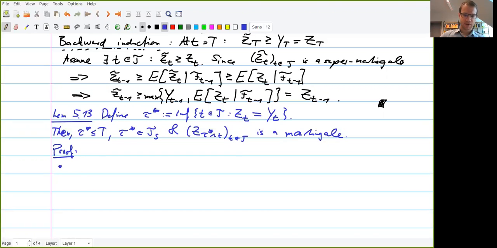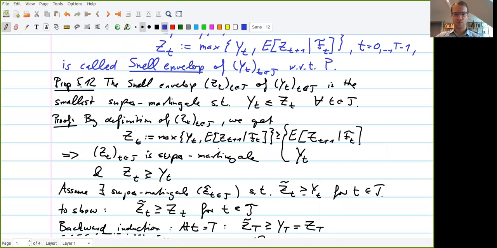Okay, why is this true? First thing, we want to show that the stopping time, let me call it already tau star, is less or equal than T. Well, certainly, since at the terminal time, we know that the Snell envelope by its definition is equal to Y_T. Just to show you the definition once more.